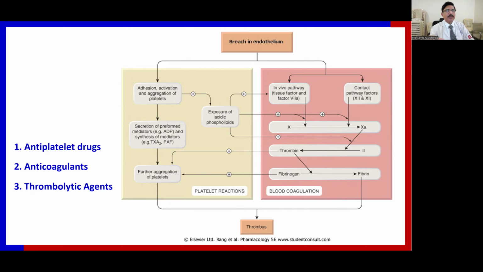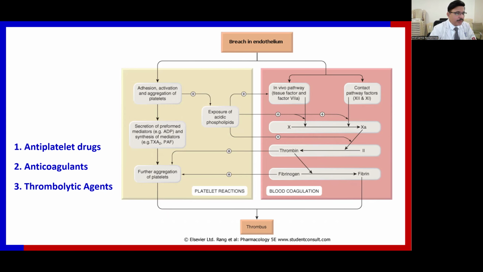So extrinsic pathway, intrinsic pathway, common pathway, fibrinolytic pathway. These are cascades. Cascade means once something starts, it will go like tuck, tuck, tuck, tuck, tuck, it will go to the last step. And then somebody has to tell, no, stop. We have enough of clot here, enough of platelets here, no more required. This is called the feedback inhibition.